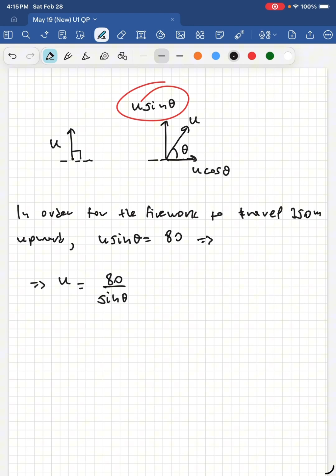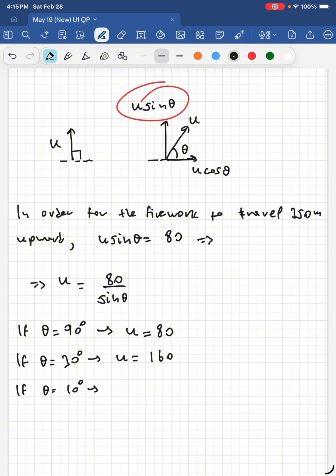So if we plug in numbers, let me help you. If theta is 90 degrees, u is 80. If theta is 30 degrees, u must be 160. If theta is 10 degrees, u must be 460. Okay, I hope this makes sense now.